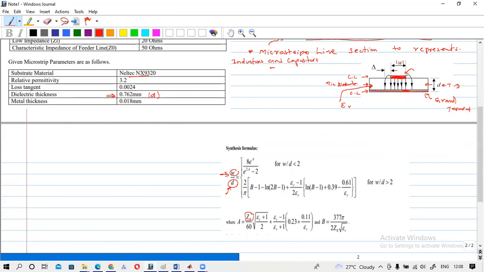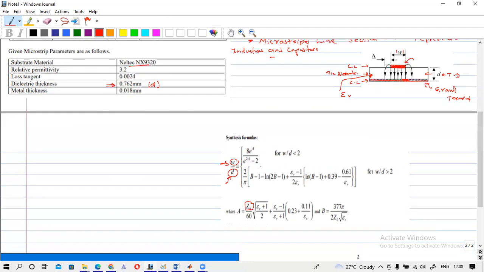There are also some analysis formulas. These are synthesis formulas. Using this, if the epsilon r, the relative permittivity, and the impedance are given, we can find the dimension using this synthesis formula. And there are some analytical formulas, which can be used if we are given this W and D dimension, to calculate Z naught and other parameters.